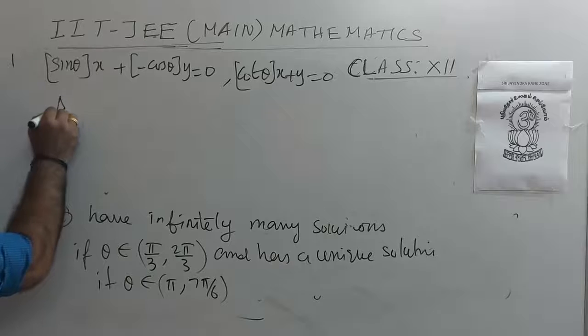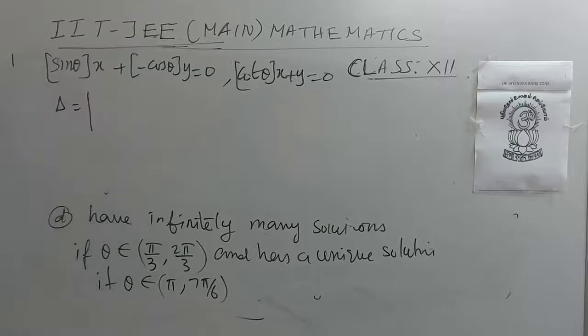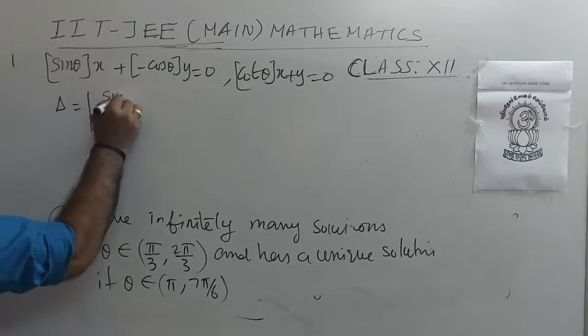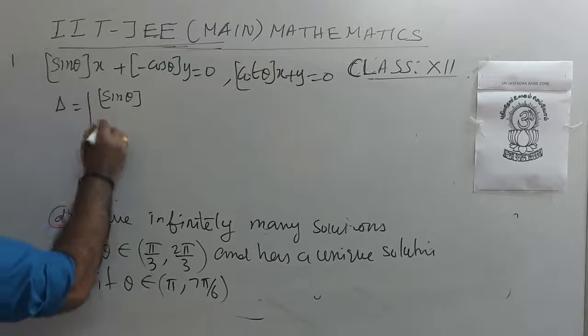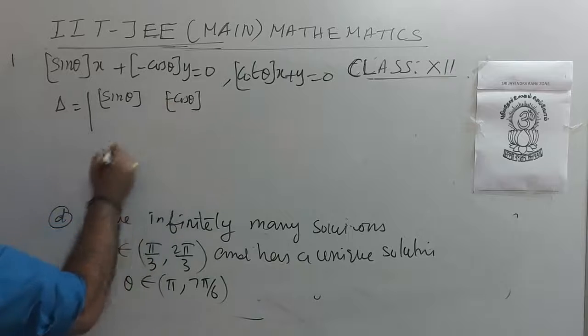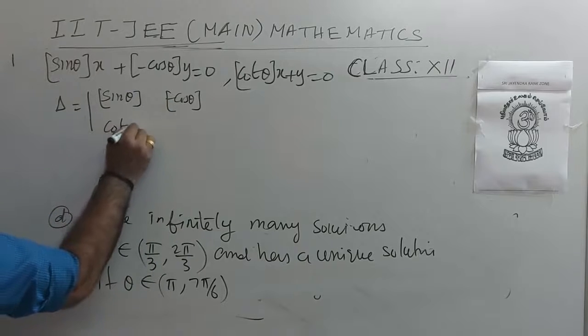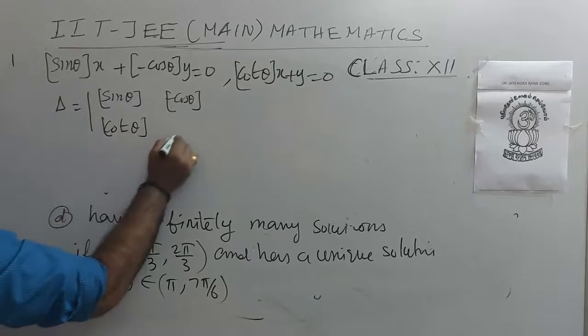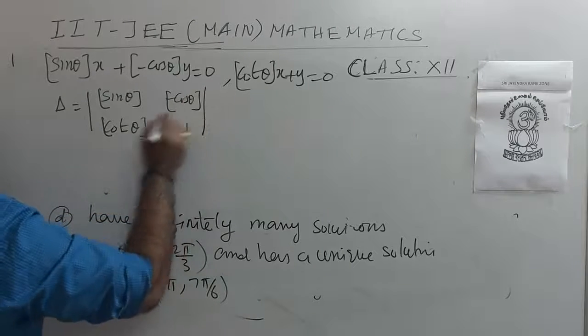First you form delta: the determinant with rows [sin theta], minus [cos theta], and [cot theta], 1.